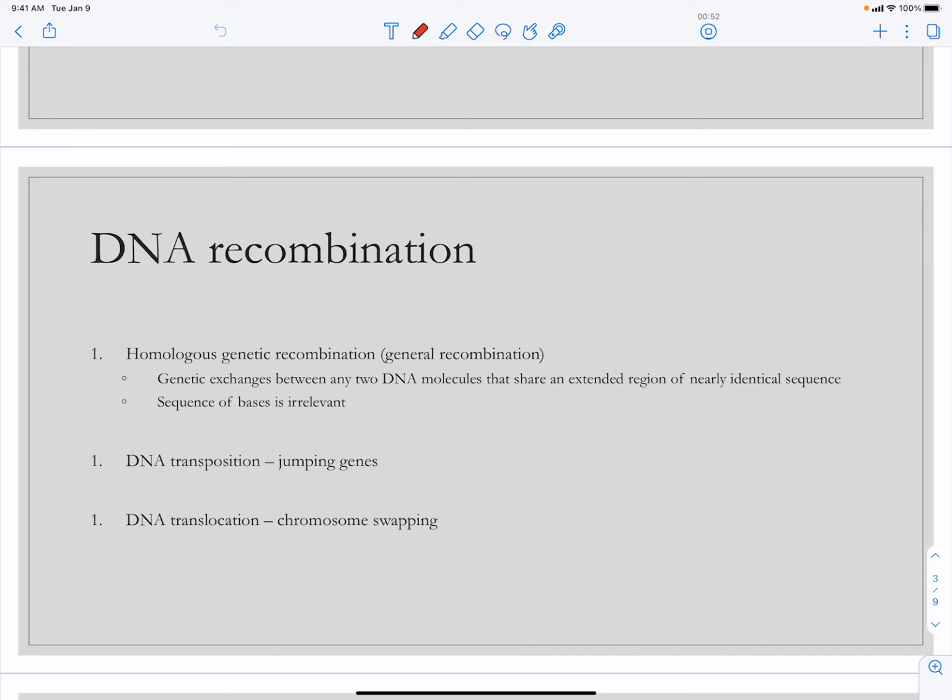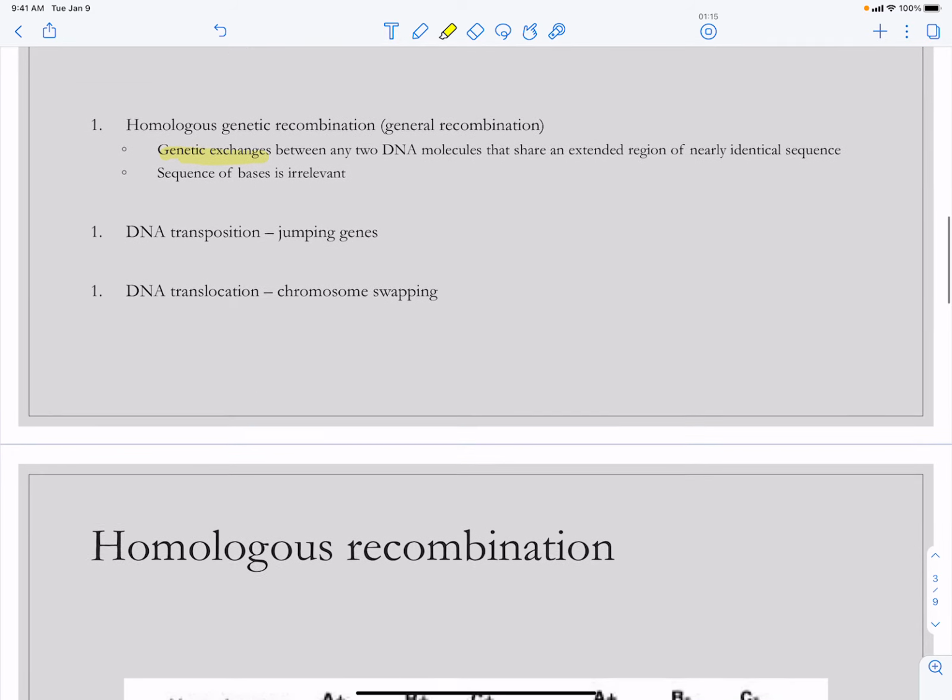There's homologous, which is important for genetic exchange. Then there are transposons, which are elements in the genome that can move, often called jumping genes. And then we have chromosome swapping, or translocations, which can lead to diseases as well.